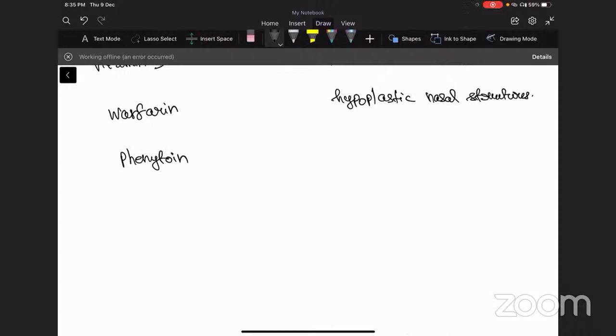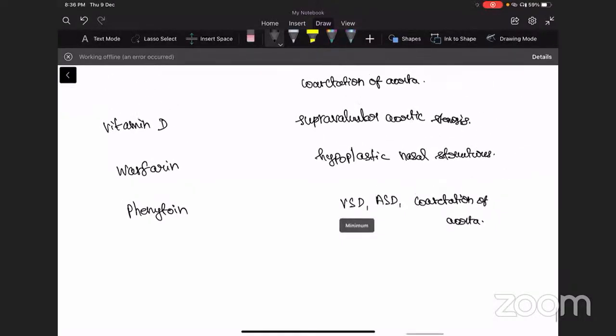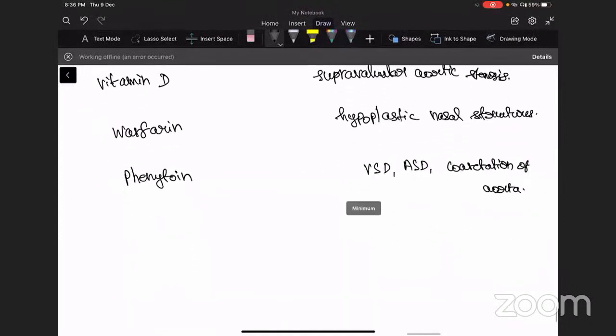Phenytoin can cause VSD, ASD, coarctation of aorta. Yes, the vitamin deficiency causing spina bifida is vitamin B9.